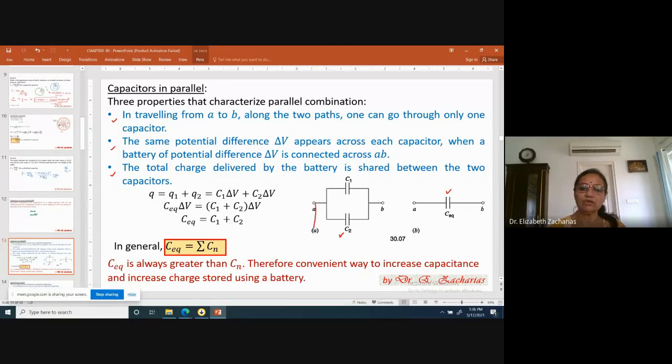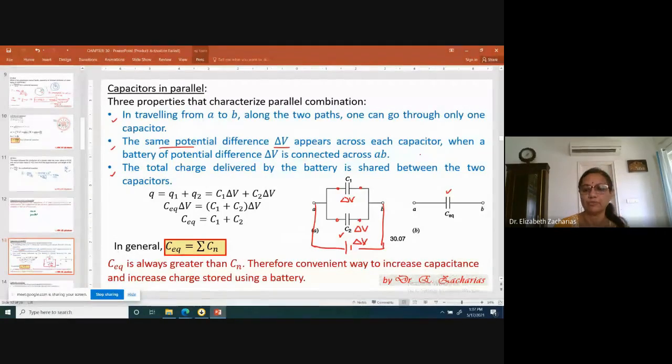So let's say that you connect this A and B to a battery which gives you a potential difference delta V. Then connecting in parallel means the potential difference between these 2 points will be delta V. Similarly, the potential difference between these 2 points also will be delta V. That is, the same potential difference will appear across each capacitor. That is also one thing that you should see when you're connecting capacitors in parallel.